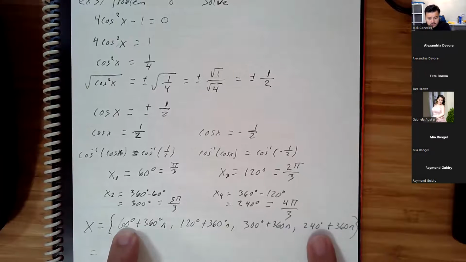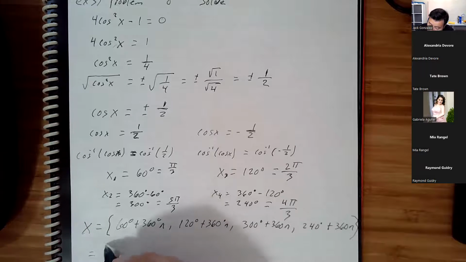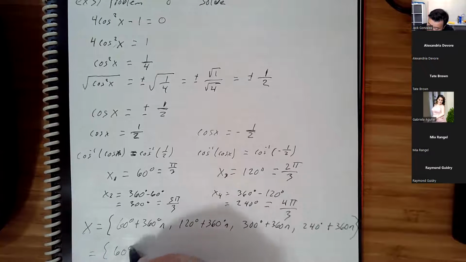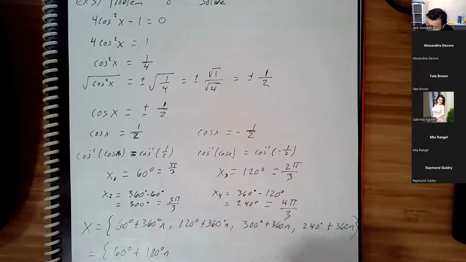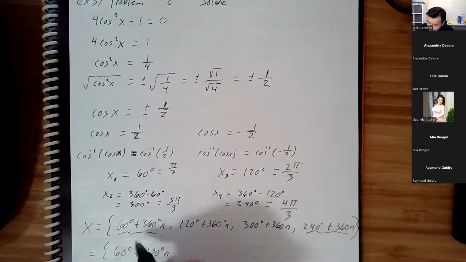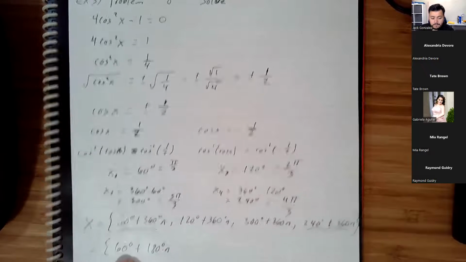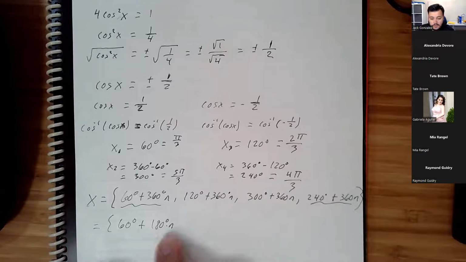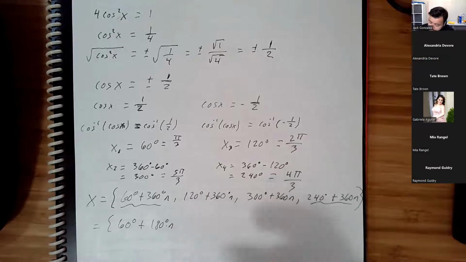But as you saw, I could break these two into one, or merge them together. Because 60 to 240, we said, was 180 degrees, right? So I could also say, you know what, it's just 60 plus 180 degrees times n. So this and this would be this one. And this is the distance of 180.